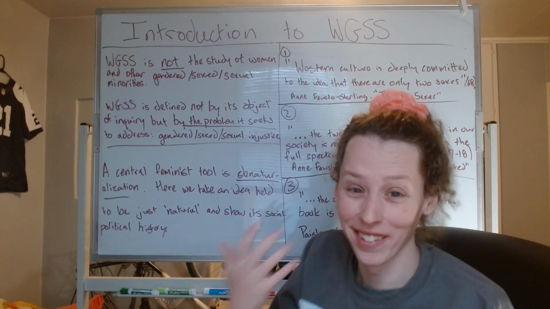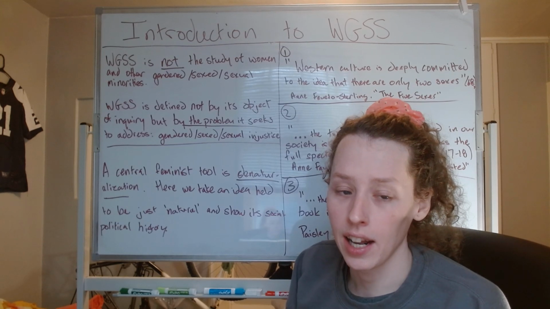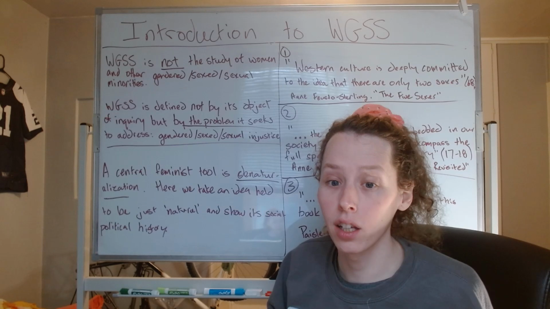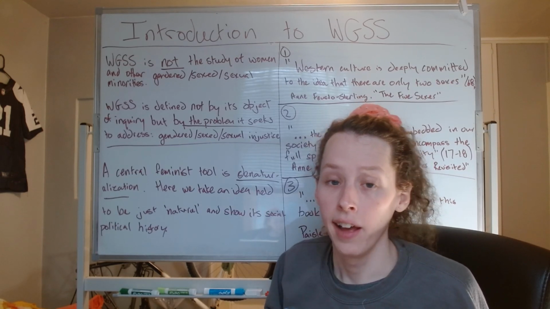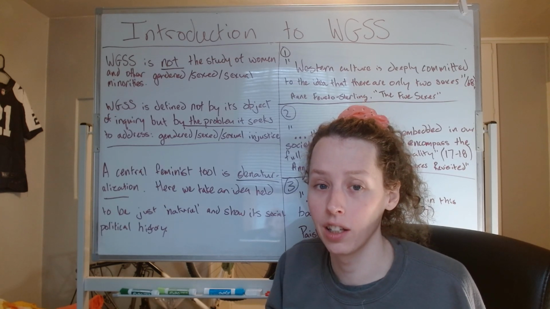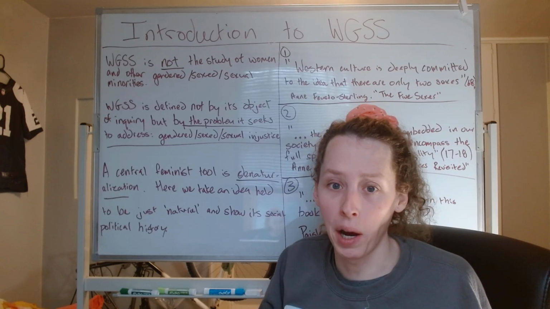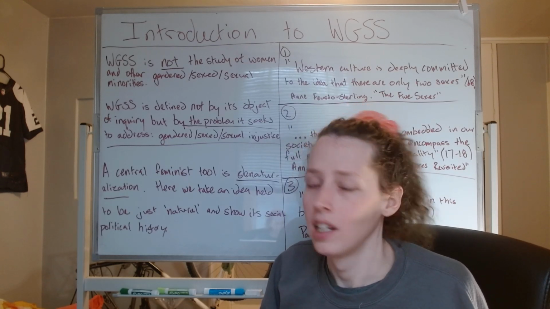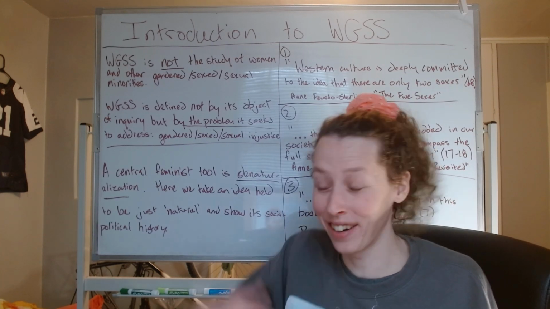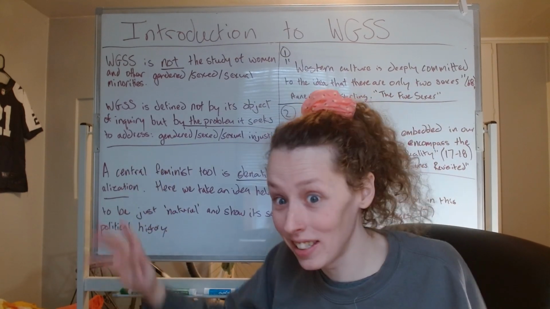So the reason why our readings are set up the way that they are is that I want us for this first week to have an example of a kind of feminist critique. And in this case, I want us to examine some texts that offer something like a feminist critique of the idea of biological sex.